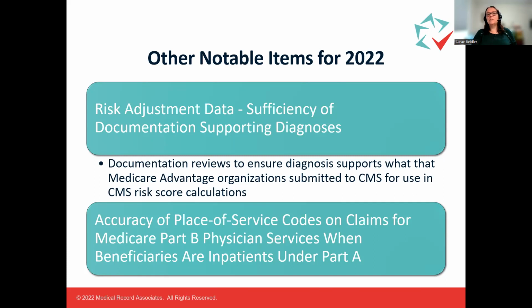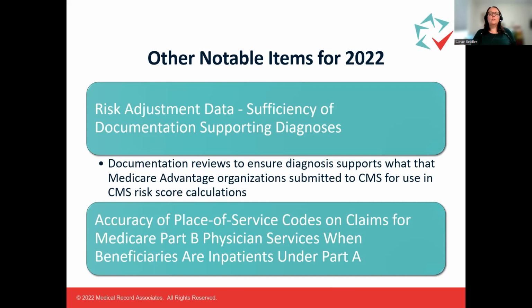And then the accuracy of place of service codes. Place of service codes have been audited by OIG for years and years. You'll find audits going back to the 1990s to early 2000s.